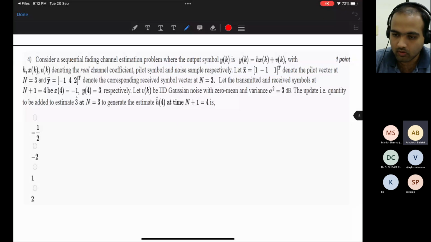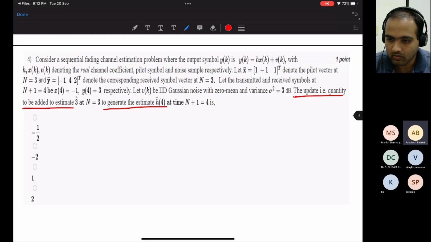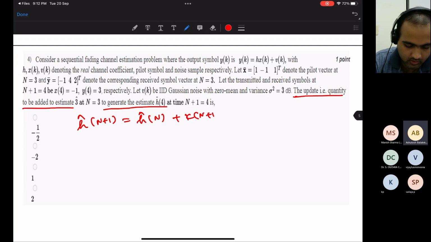This is also following the previous three questions. Now in this question, they have asked for the update, that is the quantity to be added to the estimate h hat of 3 to generate h hat of 4. What quantity do we need to add to h hat of 3 such that h hat of 4 can be computed? You need to remember this update equation: h hat of n plus 1 is h hat n plus k n plus 1 times e n plus 1.